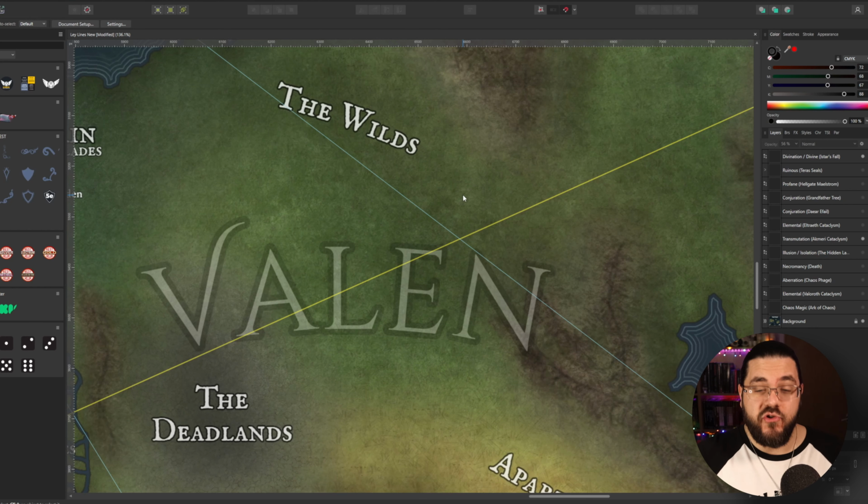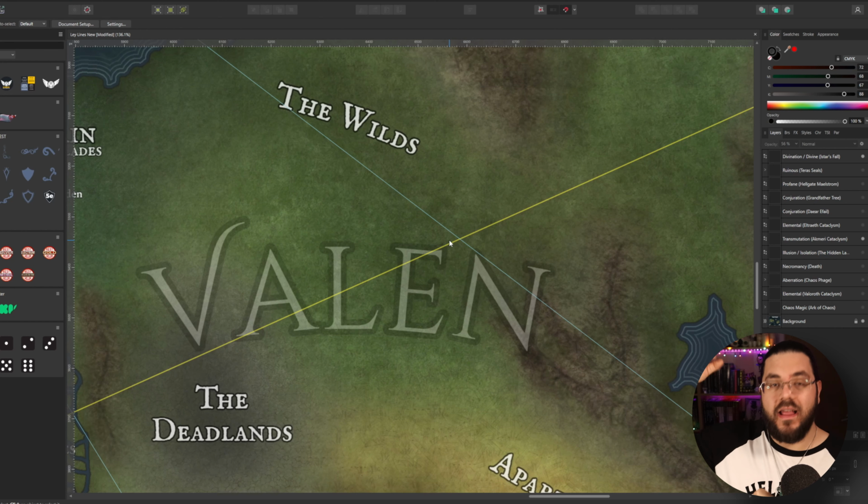So if my players were adventuring in this part of Valen, I'd have a little point of interest there, denoting that celestial beings are conjured into the world through this weak fabric of reality caused by the crossing over of two ley lines.